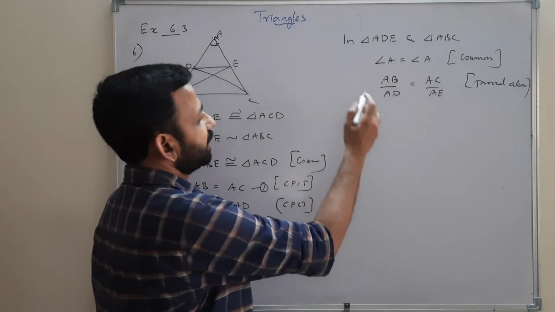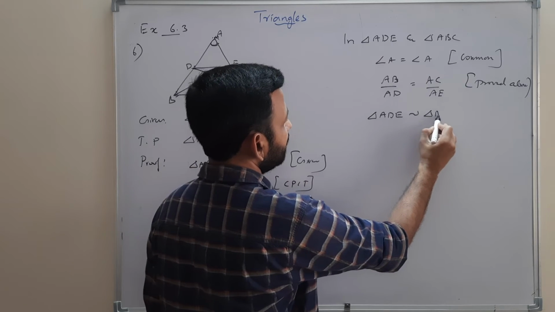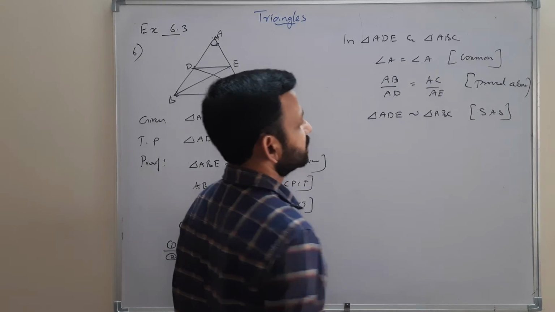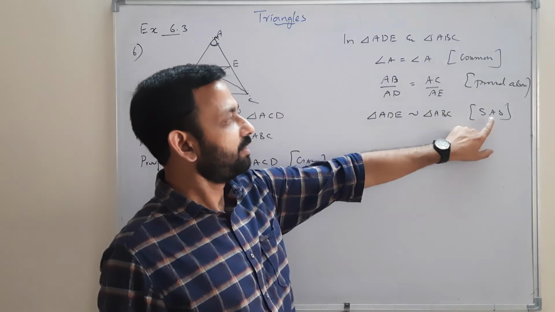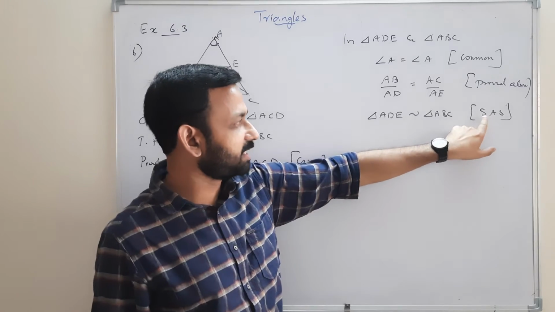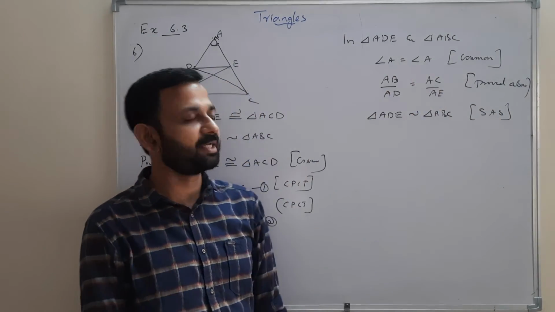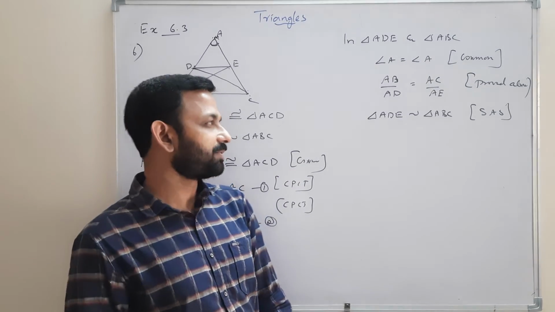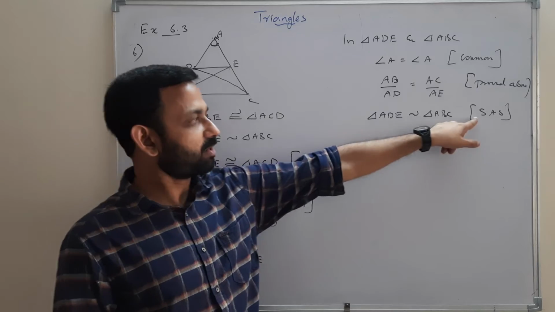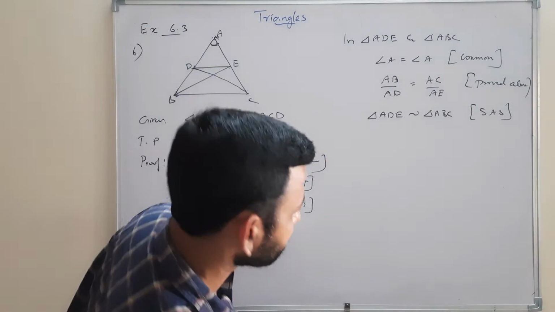So we can say that triangle ADE is similar to triangle ABC by SAS theorem. One angle of the first triangle is equal to the corresponding angle of the second triangle, and the included sides are in the same ratio. Therefore, the two triangles are similar by SAS similarity theorem. So we got they are similar.